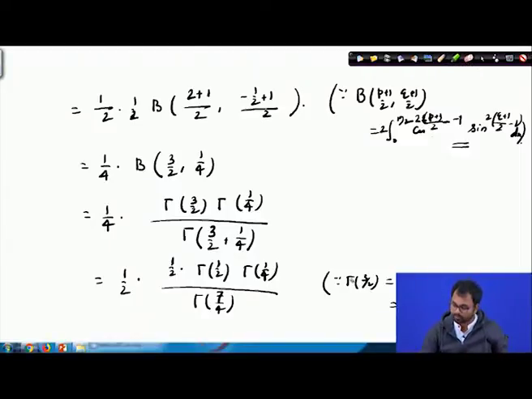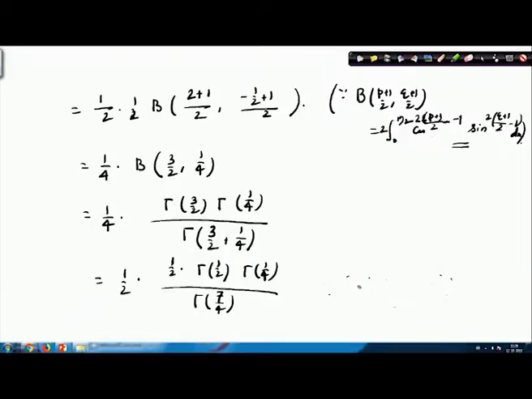So this whole thing is 1 by 4 times half times gamma half, gamma 1 by 4, divided by gamma 7 by 4.